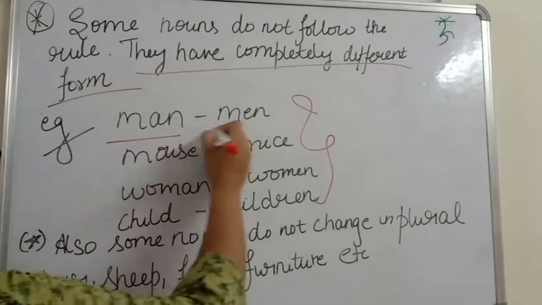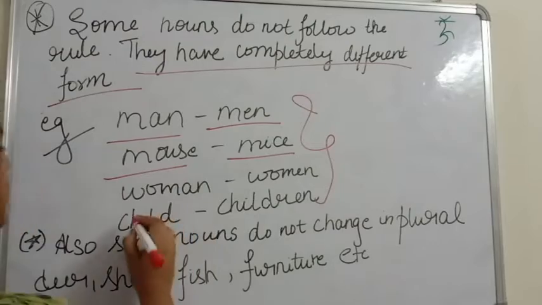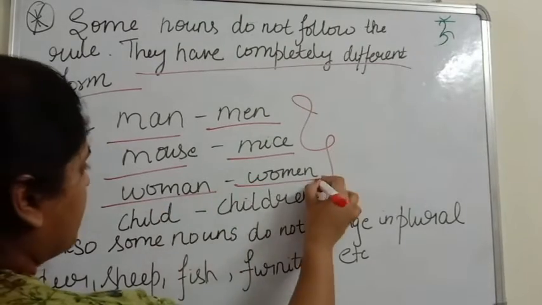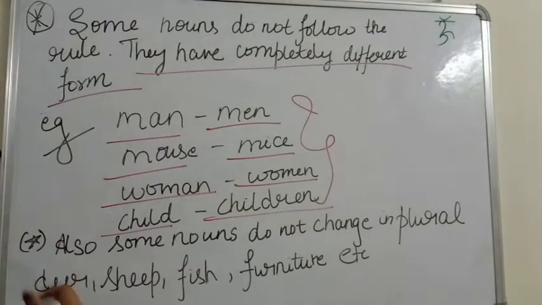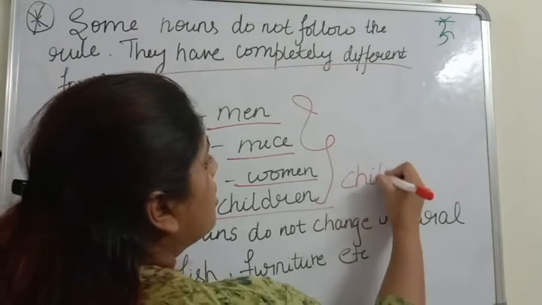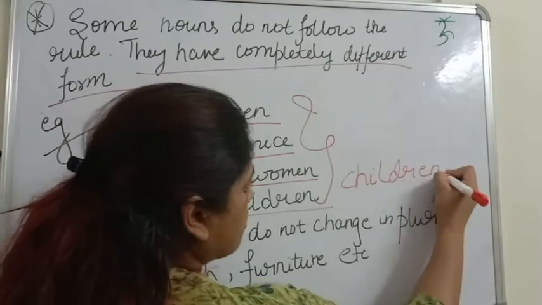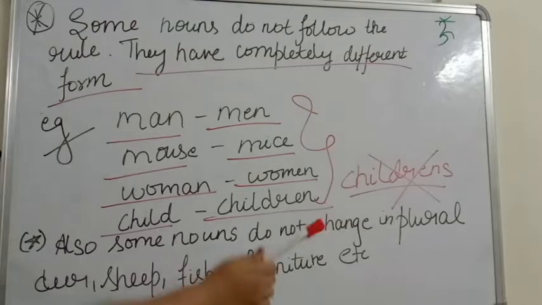Like man changes to men, mouse changes to mice, woman changes to women, child changes to children. Some of the students write child as children's. This is grammatically wrong because children only means plural.